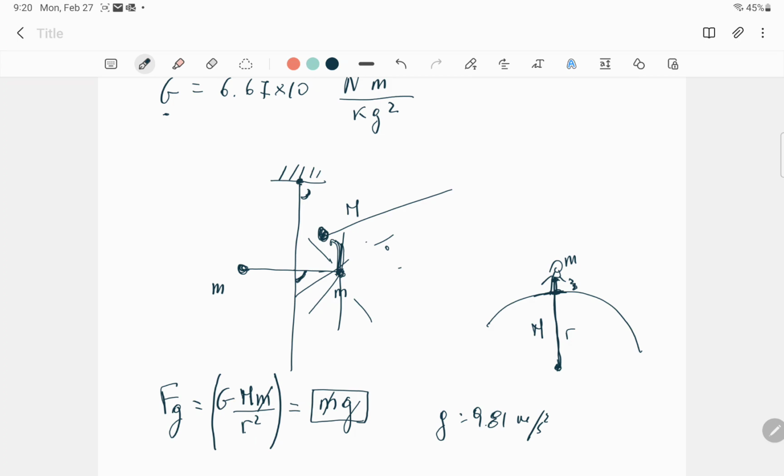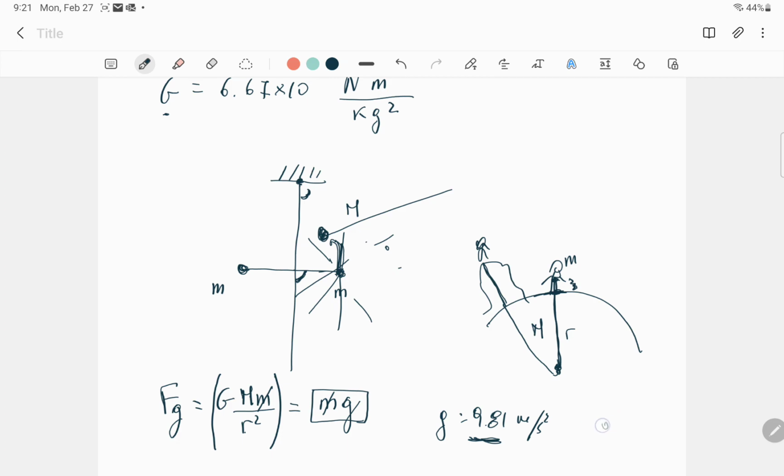Now you also understand, because now you're a big boy, that if I consider a mountain and I'm standing on top of the mountain, sometimes this other distance can be significant to add to the whole radius of the Earth. That's why this value actually changes slightly according to your location.